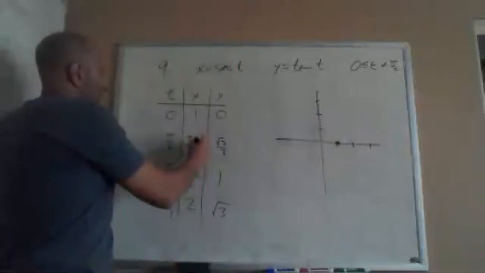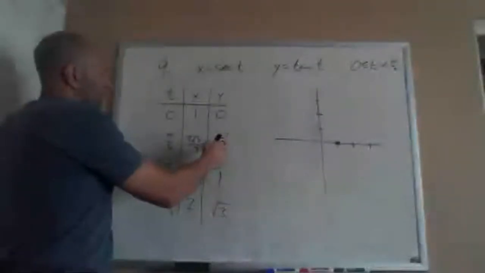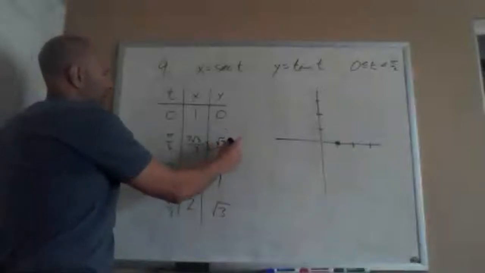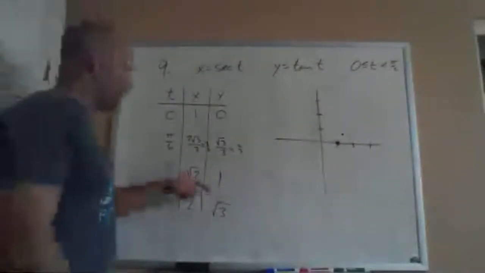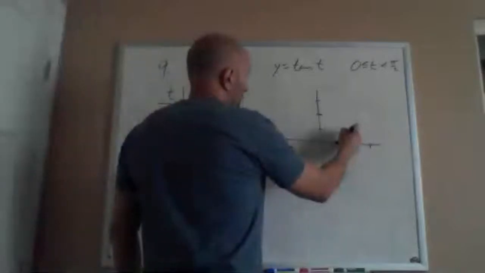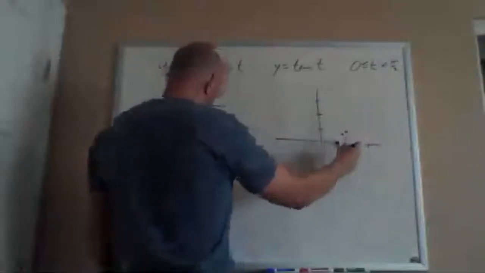So if I sketch this, again, we're starting at 1, 0. This one we said is about 4/3. And this one is about 2/3, roughly. So if I go 1 1/3 and then 2/3 up, puts me at that point there. This one, root 2 is about 1 1/2 and then up to 1. And then 2 units and square root of 3 is about 1 1/2.